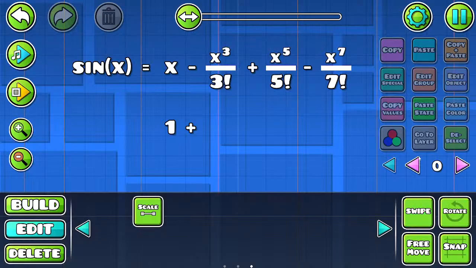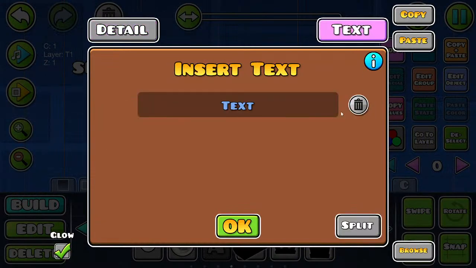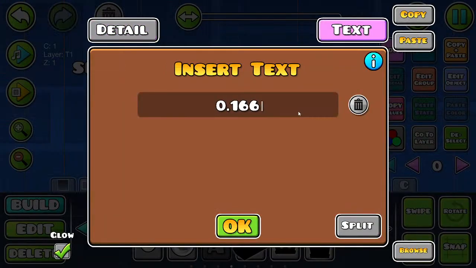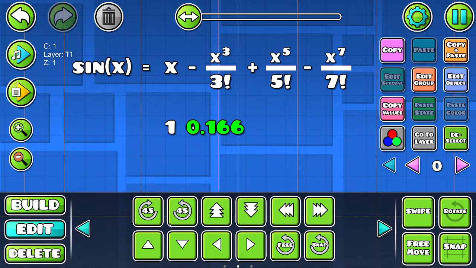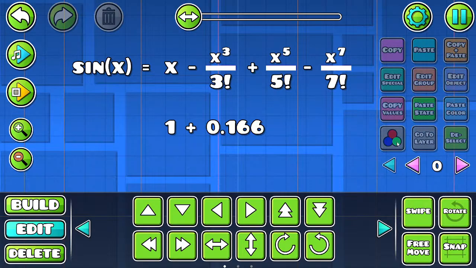I think it's actually really easy. So 1 plus the reciprocal of 6, which is about this number right here. I don't want memes, so I'm gonna go to 166. Then I have to calculate the reciprocal of 5 factorial.